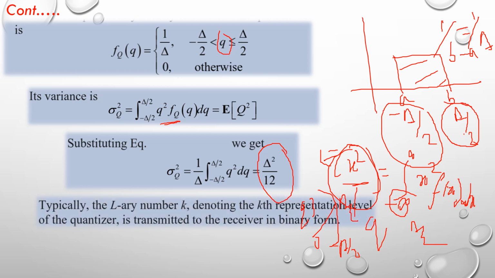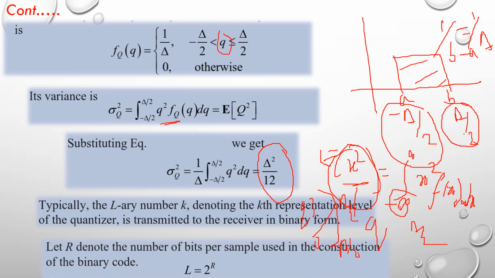Typically, L is the number of levels, and K denotes the kth representation level of the quantizer that is transmitted to a receiver in binary form. Let R denote the number of bits per sample used in the construction of the binary code.